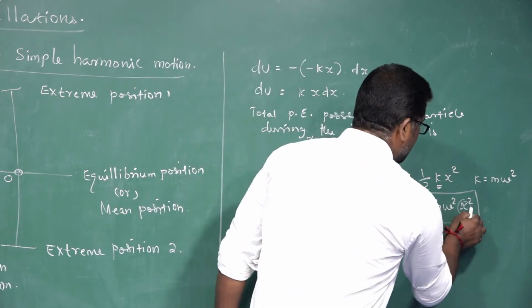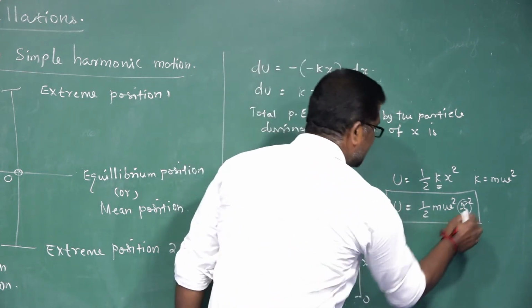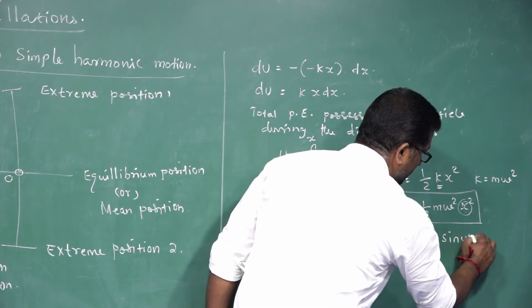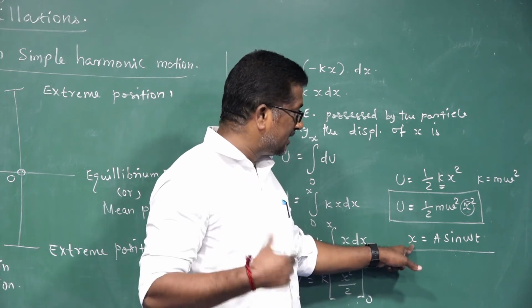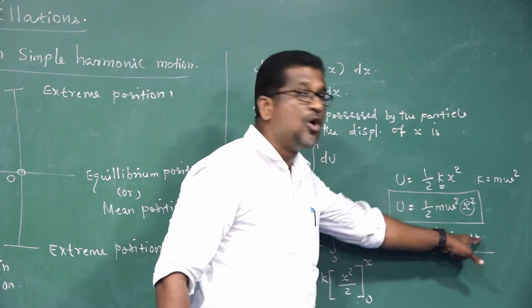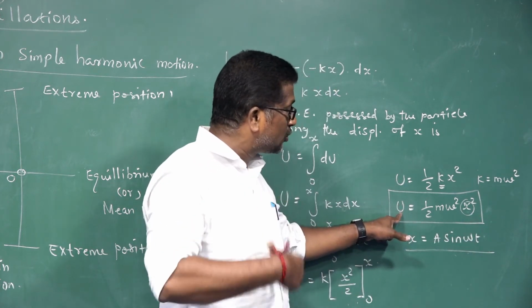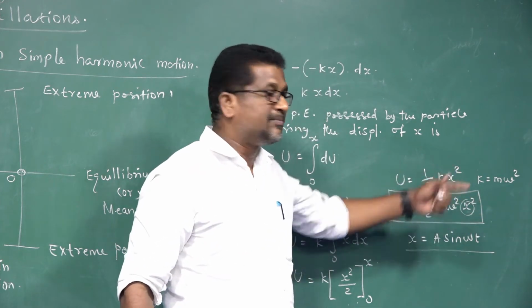So here the displacement of the particle at every instant changes. It is given by the expression x is equal to a sin omega t. Already you know about that. The displacement of the particle in simple harmonic motion at any instant is given by x is equal to a sin omega t. So this is the potential energy of the particle executing simple harmonic motion in terms of displacement.